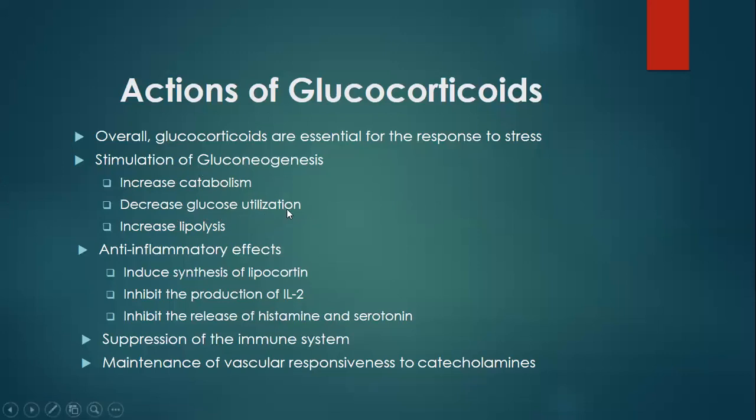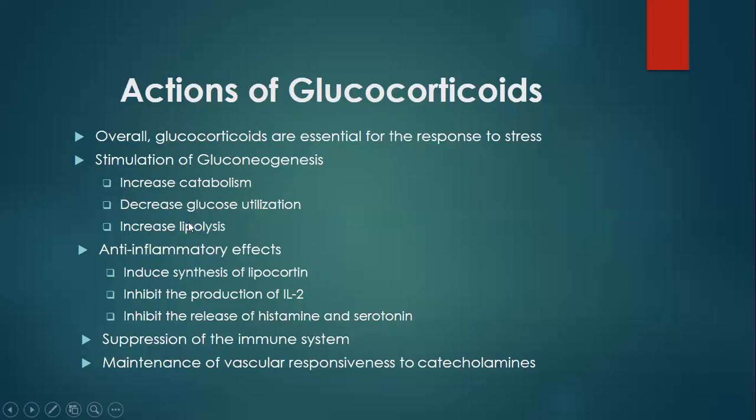It also increases lipolysis, which provides more glycerol to the liver for gluconeogenesis. So again, one of its roles is to produce glucose via increased protein catabolism, decreased glucose utilization, and increased lipolysis.